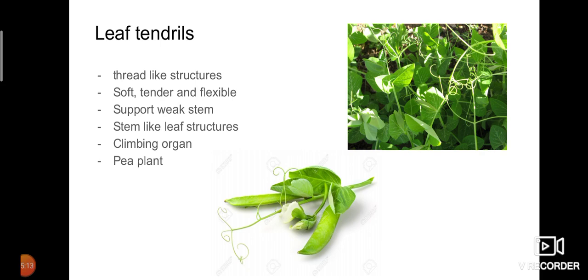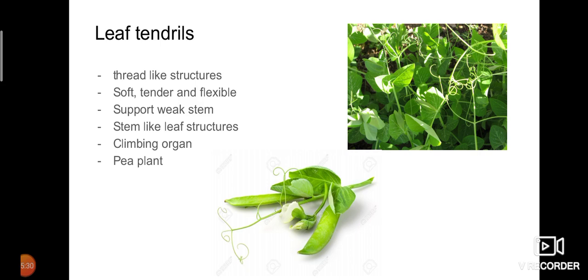They look like a stem-like leaf structure. They are soft, tender and flexible. The function of the tendril is to give additional support to the plant.